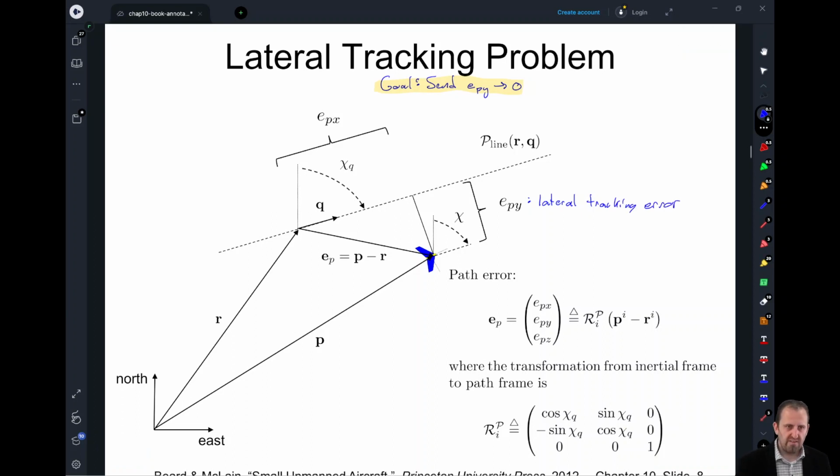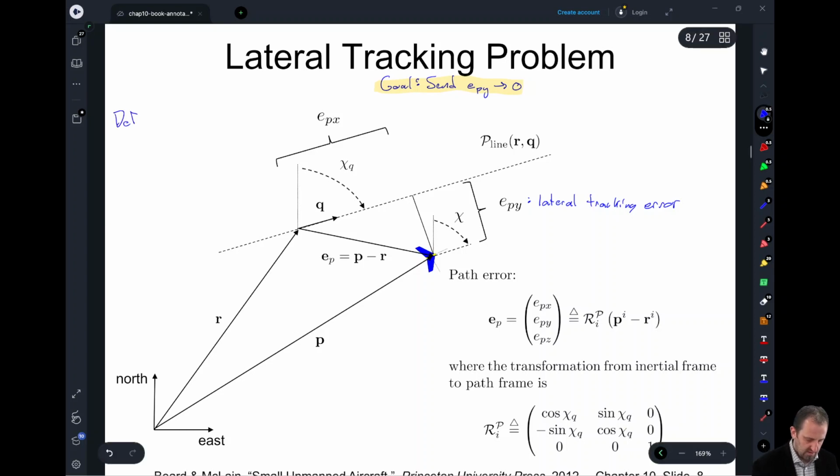And we're going to define that in a frame that moves along, aligned with the line. Okay, so let's define a frame.